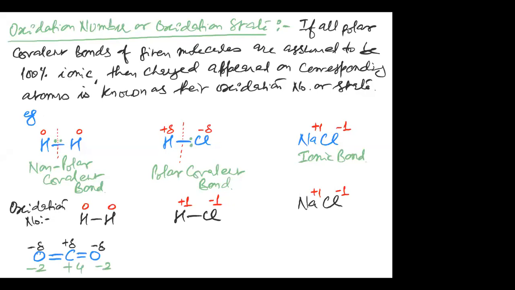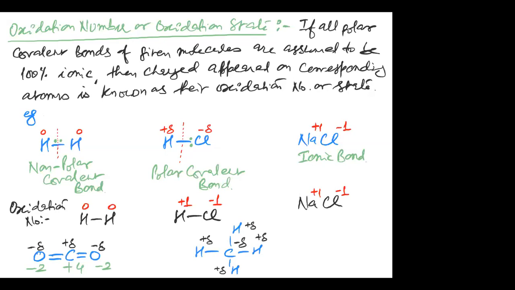The same in the case of hydrogen. This may be carbon, and these are hydrogen, in the case of CH4. Hydrogen is more electropositive than carbon, so it acquires a partial positive charge, and carbon should acquire a partial negative charge.